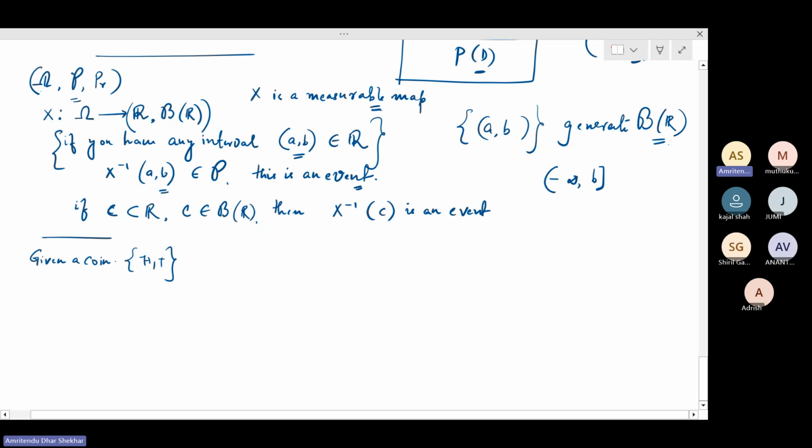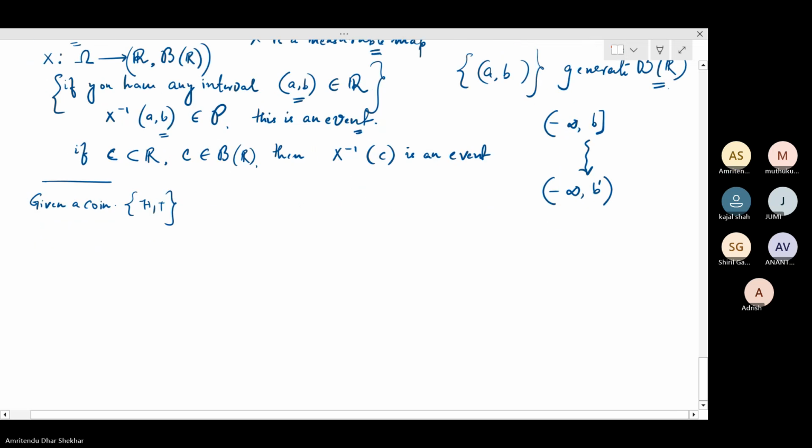Now from this kind of set, you can generate this kind of set, b dash. How? Well, you do it in this way. Let's say b dash is some number on the real line, and you choose a collection of Bn's which tend to b dash.